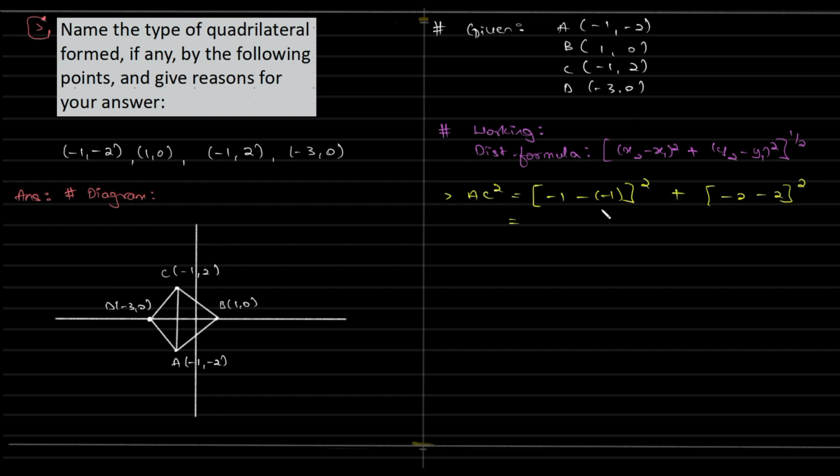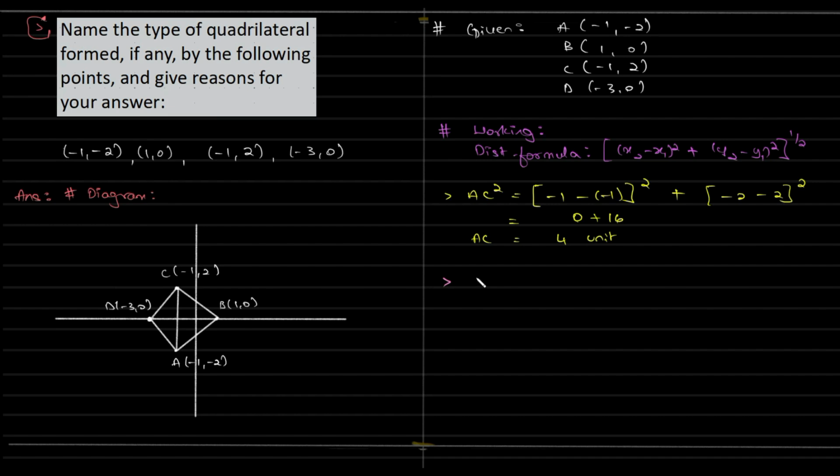Okay, this will be 2 squared is 4, this is 16. Oh no, sorry, this is 0. So this is square root of 16, so that is 4 units.